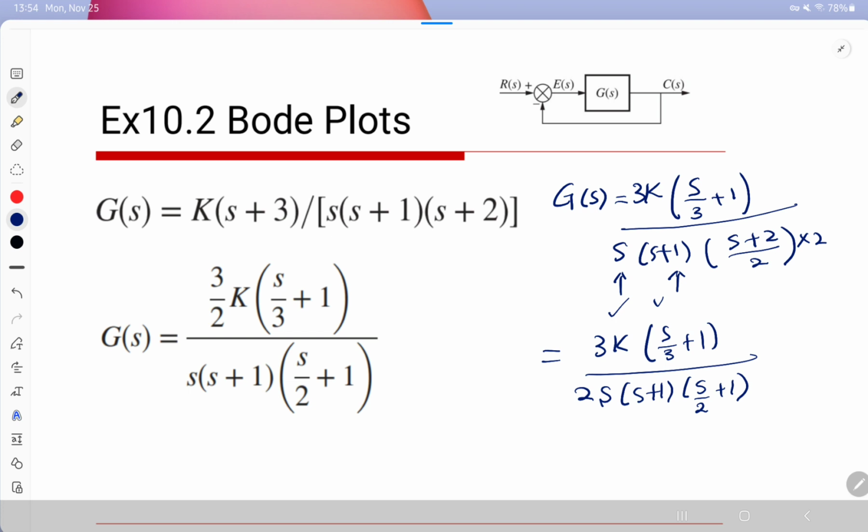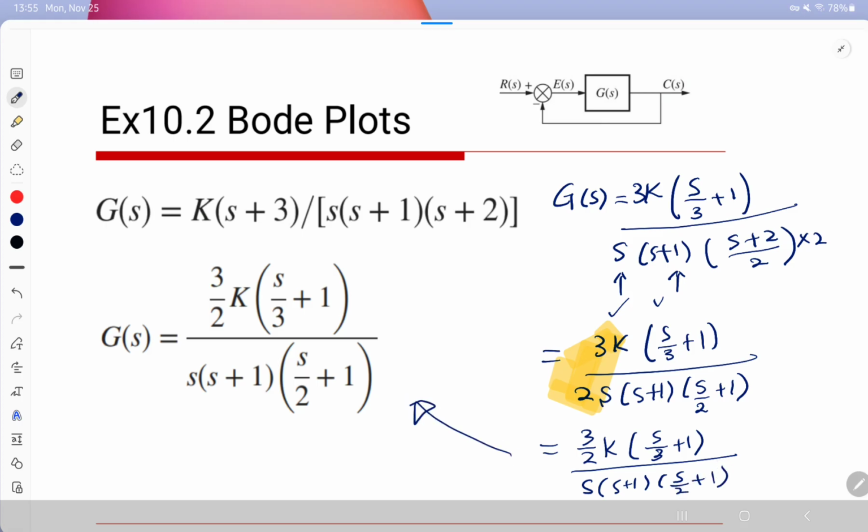So you get in this format, and then you put this together, and that's how you end up with 3 over 2K, S over 3 plus 1, S plus 1, S over 2 plus 1, which is the same as this.